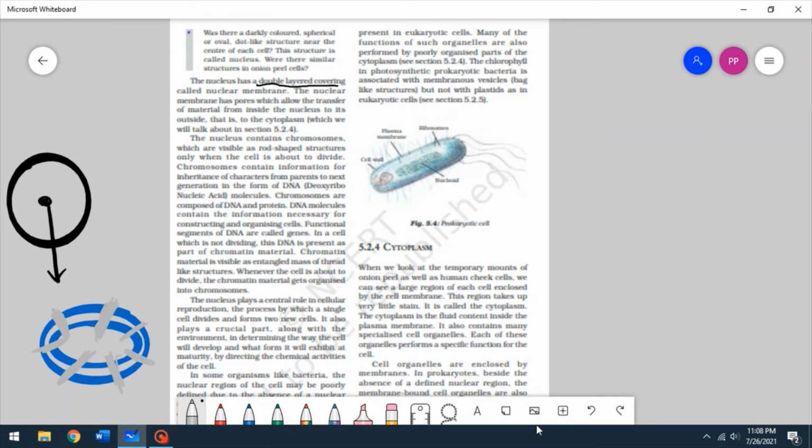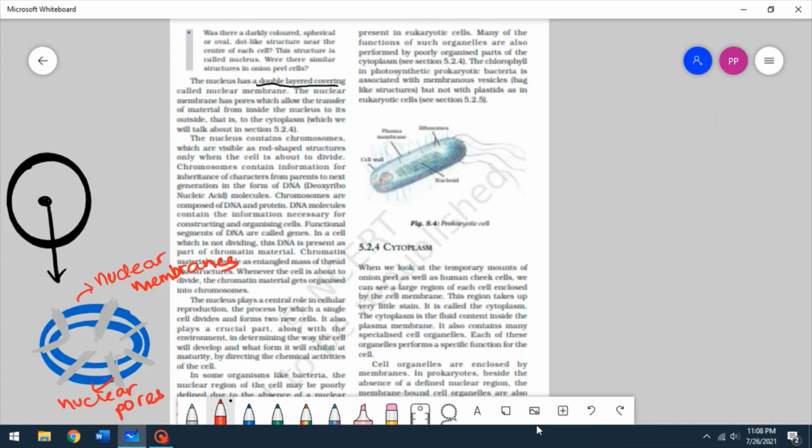Okay, so at one glance, if you just look at it suddenly, you might feel like there are a few gaps in these two circles, and these circles are called nuclear membranes. And these gaps will be called the nuclear pores.